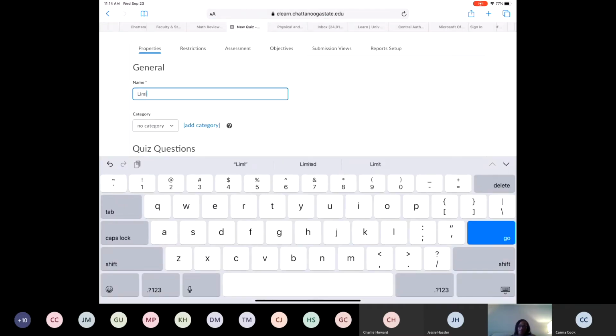I'll go ahead and create it now. I'll call it the limiting reactant bonus assignment or bonus assessment.